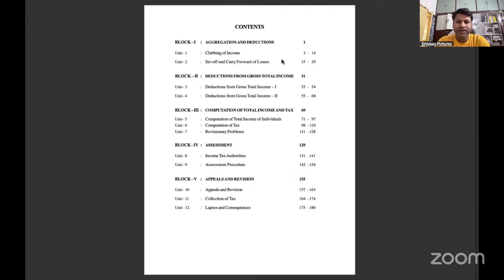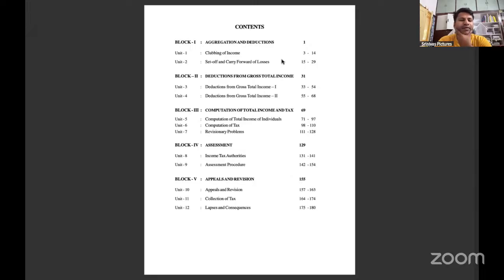Whatever the deductions are, from 80C to 80TTA, 80E, up to 7 deductions we included in unit 3, and the remaining deductions in chapter 2. Once you find the deductions, you deduct them from the gross total income, then you get the taxable income. Up to block 2, we are going to do only that.